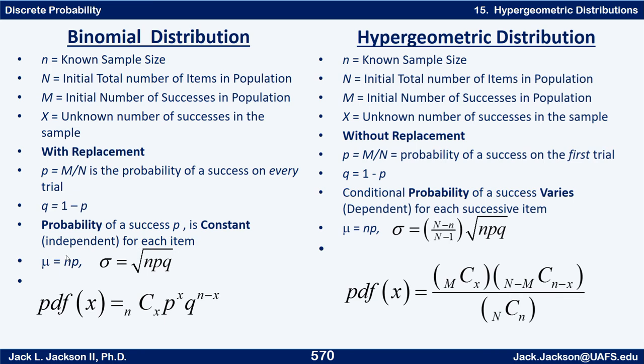Now the formula for mu is just n times P in both cases. The formula for sigma is the square root of NPQ. So the standard deviation is the square root of NPQ.